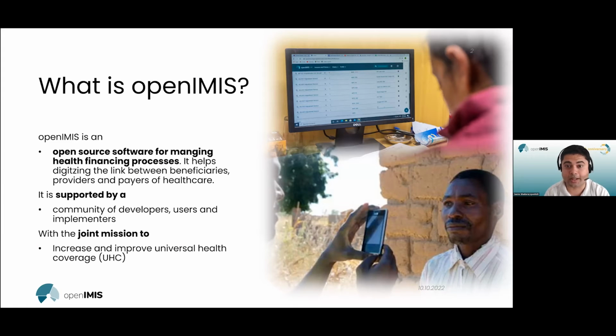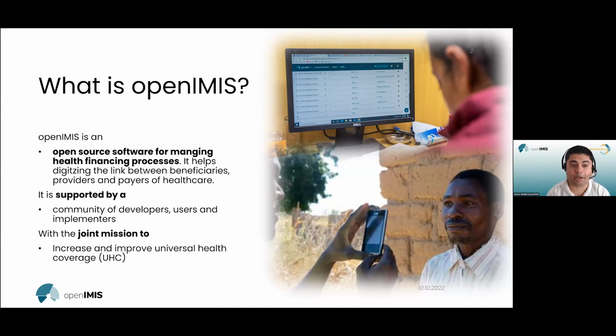But before we get into that, just to recap for those of you who might not know what openIMIS is, and in keeping with AHIN's theme this year for the general meeting, achieving universal health coverage through digital health: openIMIS is an open source software and a digital public good for managing health financing processes.